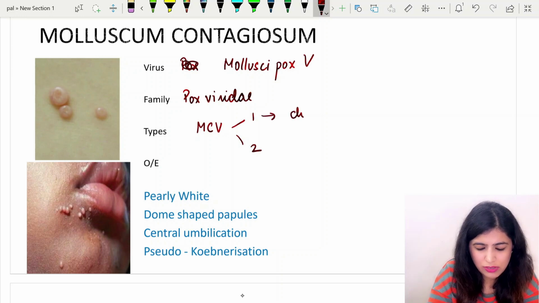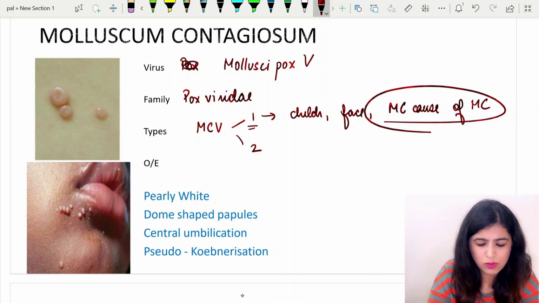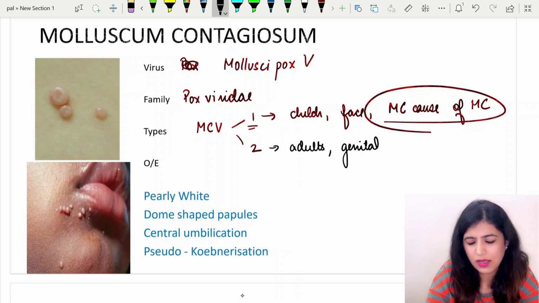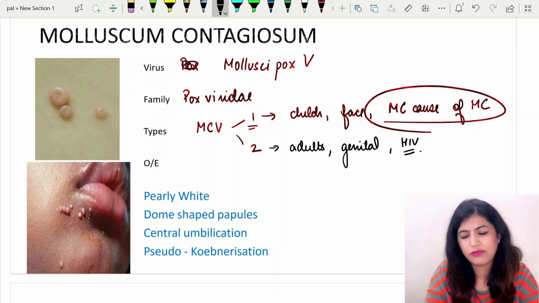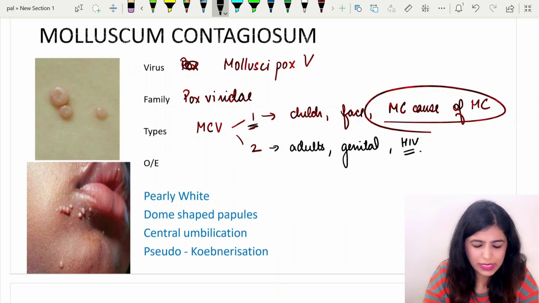Type 1 is generally present in children, causes lesions more on the face, and in fact it is the most common cause of molluscum. Type 2 is generally seen in adults, the lesions are in the genital area and it is more common in HIV positive patients. So these are the two different types of virus, MCV 1 and 2.